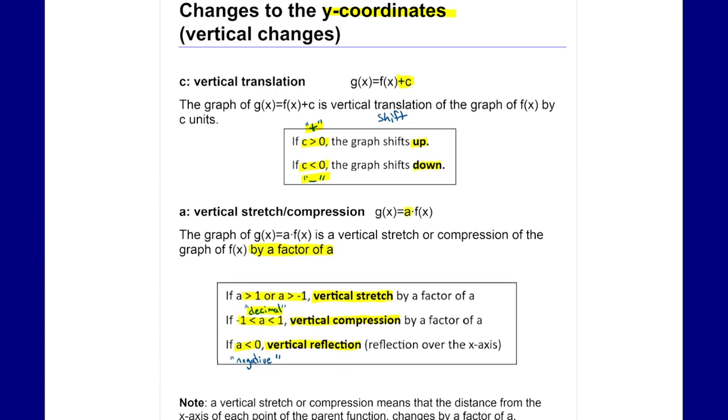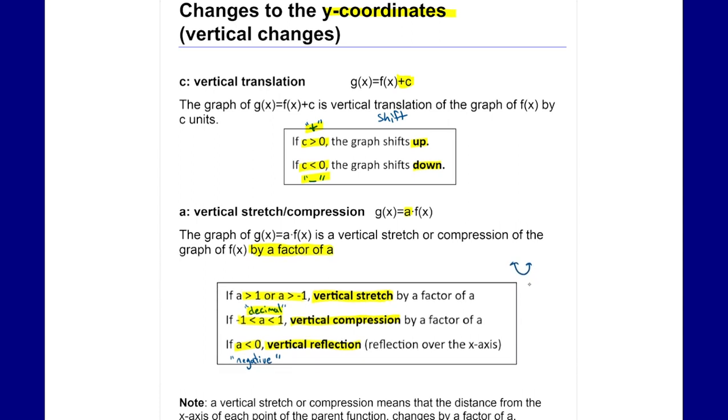So you might think, okay, what does a vertical stretch mean? A vertical stretch would be if we took our base function like this, and let's just highlight it, and we stretched it. So that would be an example of a vertical stretch. A vertical compression would be the opposite. We kind of squeeze it together, and we can see that it kind of spreads out a little bit. So we make it very thin, or we start to make it wider.